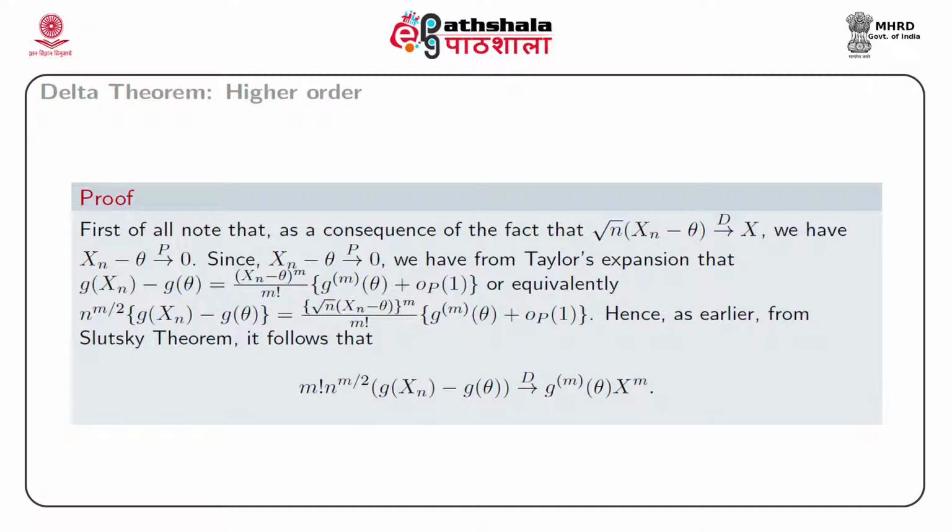And hence, as earlier using Slutsky's theorem, it follows that m! n^(m/2)(g(Xn) − g(θ)) converges in distribution to X^m multiplied by the mth order derivative of g evaluated at θ.